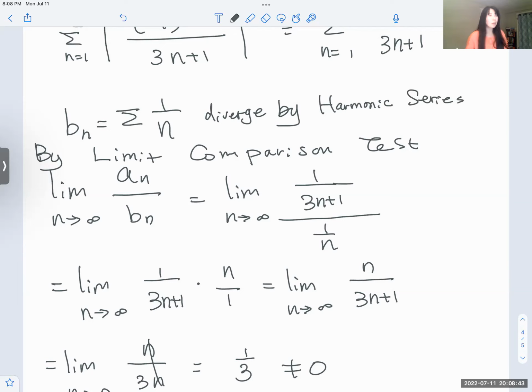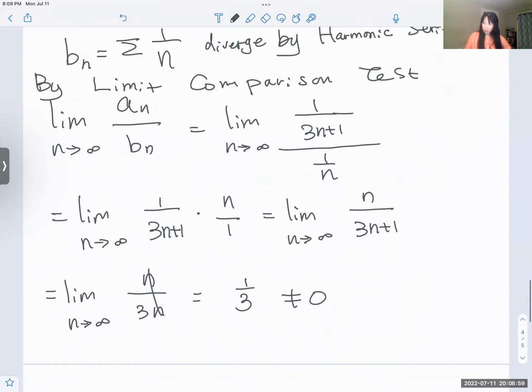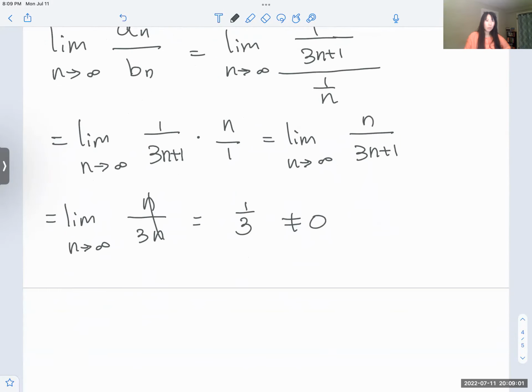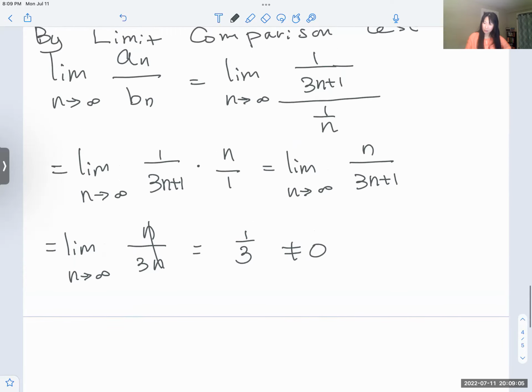Okay, now let's see. 3n plus 1. We have to show that one converges.